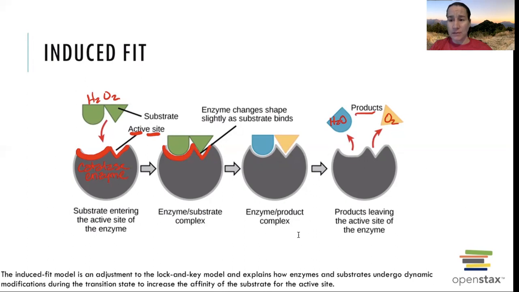Peroxide is normally just a regular old liquid, and when it interacts with catalase, our enzyme, it will split apart the peroxide, and we end up with water as a byproduct that stays behind and oxygen that bubbles out of it. So we end up with two products at the end: water and oxygen gas bubbles.